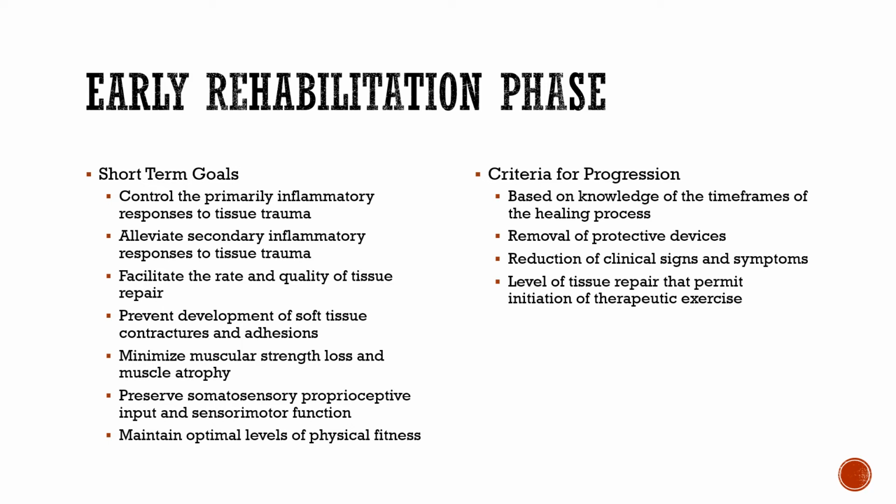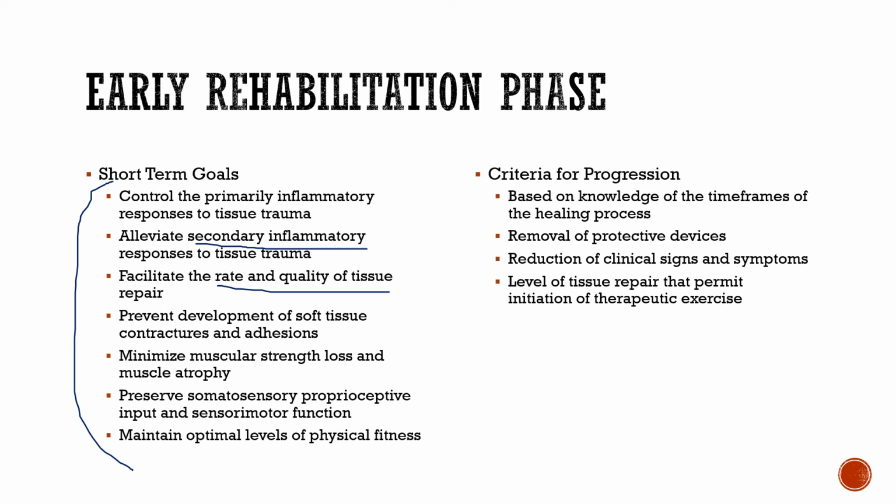We're going to have the short-term goals associated with that level of healing. So controlling primary inflammation, specifically the swelling, secondary inflammation as well. Try to facilitate the rate and quality of tissue repair. So you can see how this is slightly different. You could take the same aspect, right? The facilitate the rate of quality of tissue repair.